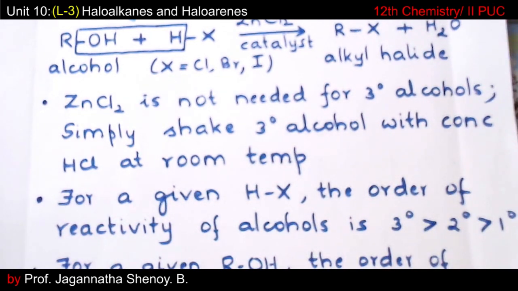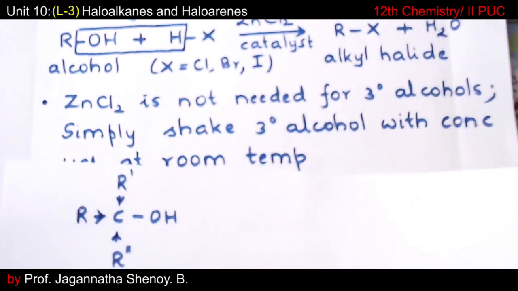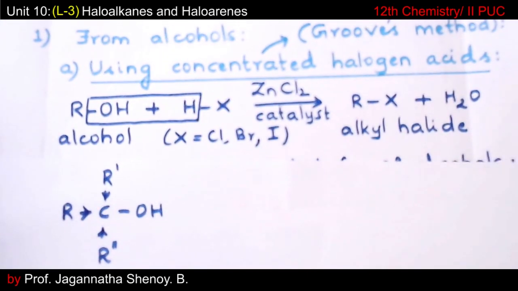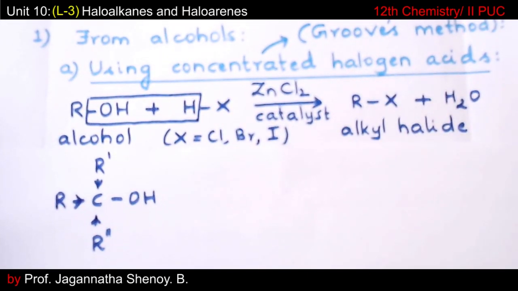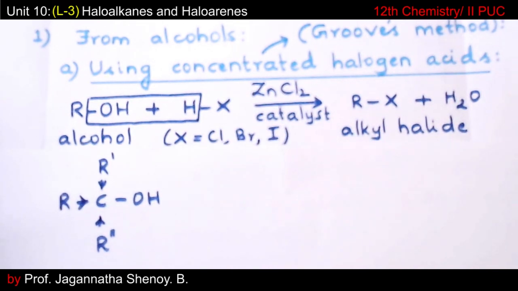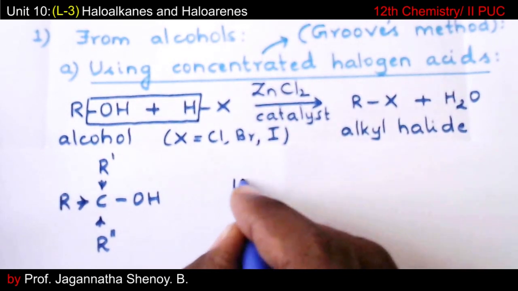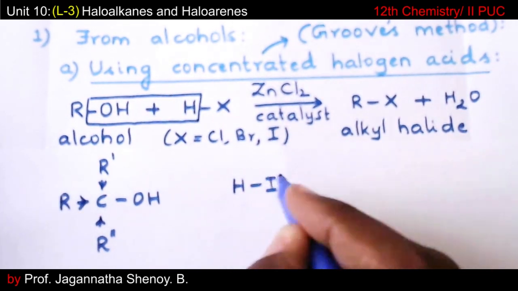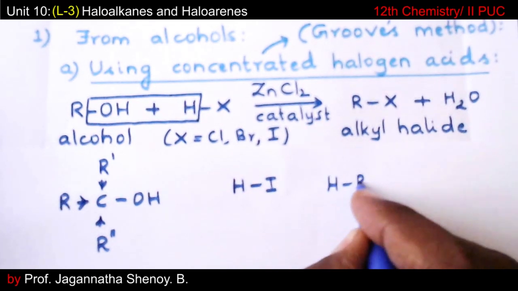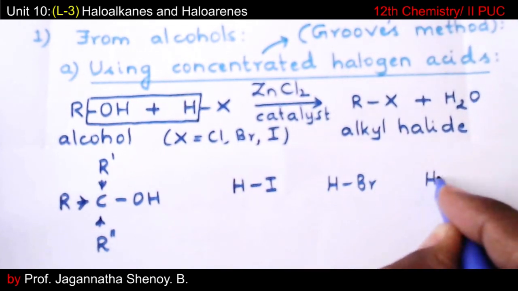In the second case, I'm going to fix one particular alcohol. Let us say I'll make use of C2H5OH and I'll go on varying HX. What I mean is I consider HI, HBr and HCl.